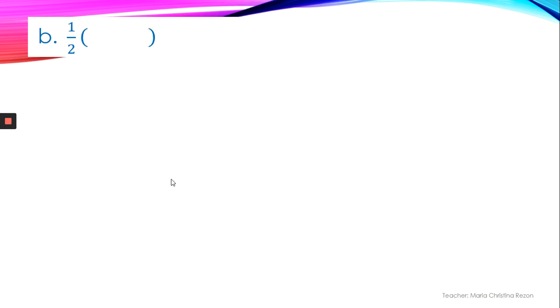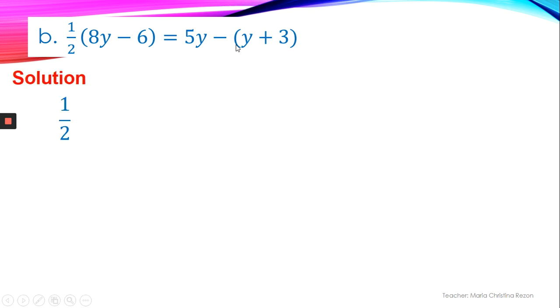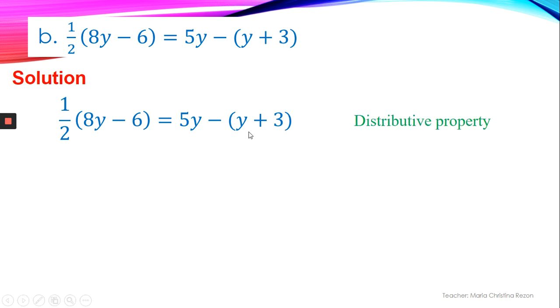Then let's have example B. 1/2 of the quantity of 8y minus 6 is equal to 5y minus the quantity of y plus 3. To solve that, you will have to get rid of the grouping symbols by distributive property. Then you will have 1/2 times 8y gives you 4y, 1/2 times negative 6 gives you negative 3.